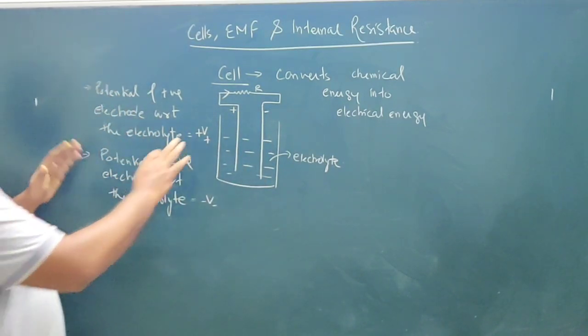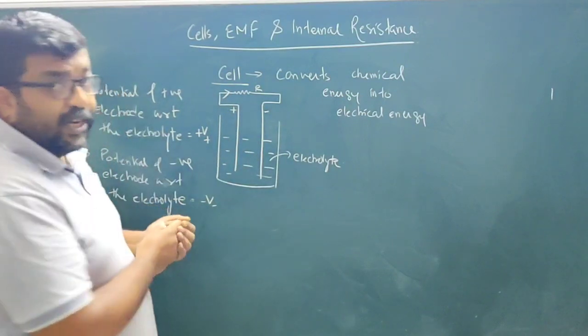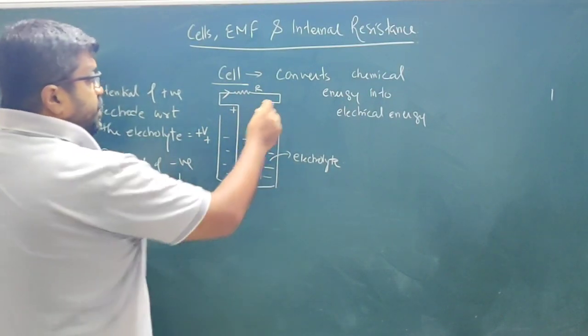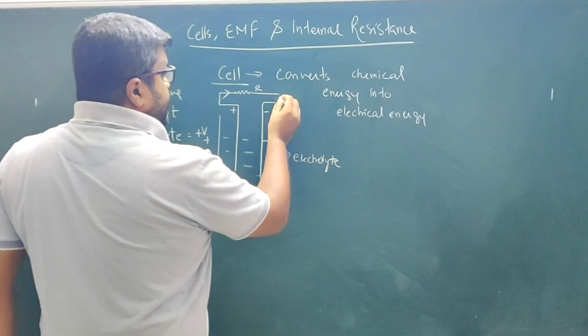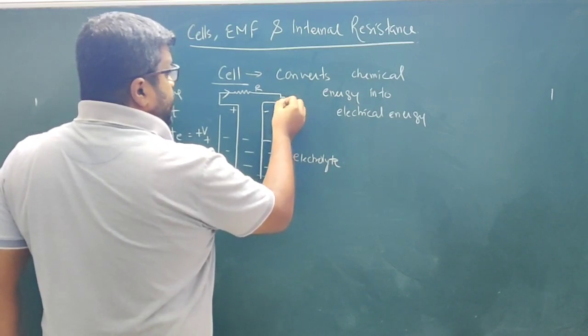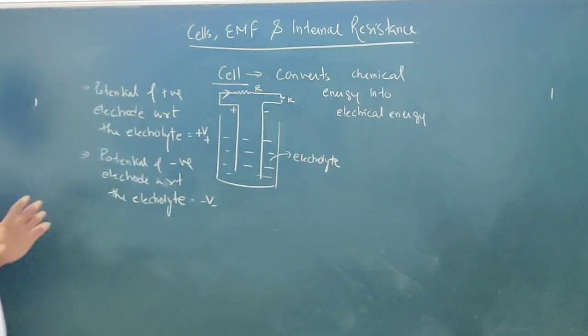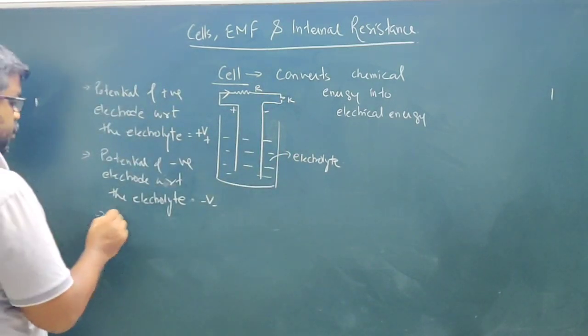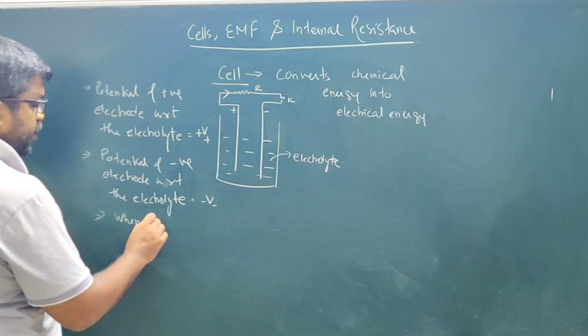Now see, at the moment, suppose there is no current flowing in the circuit. It means suppose the circuit is open. Let us say we have a key here, this is the key and the key is open. So the circuit is open, and no current flows.